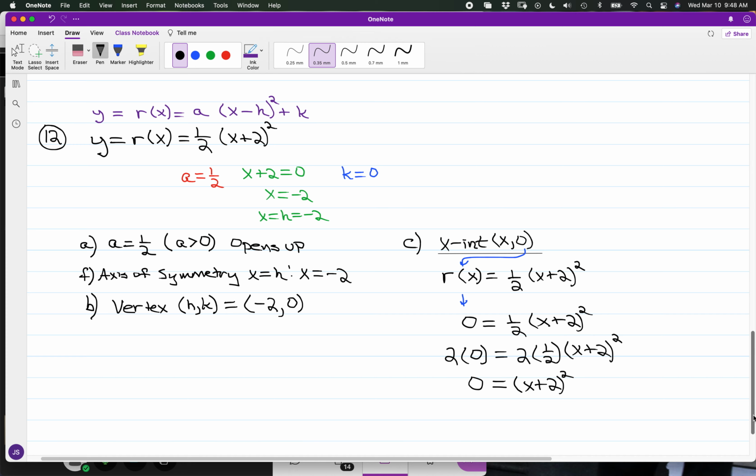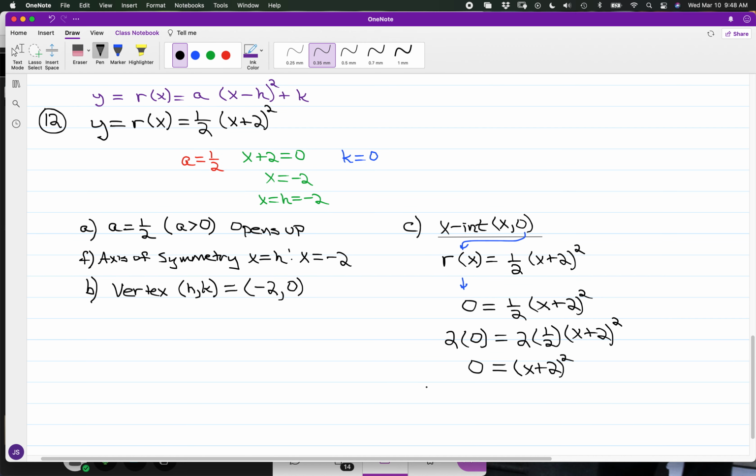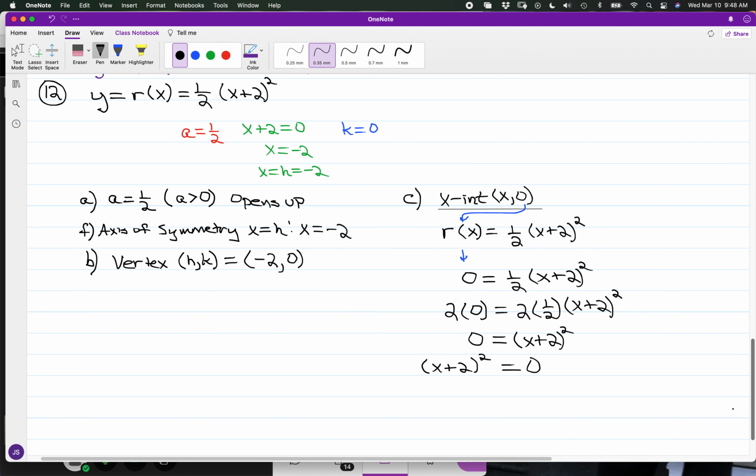All right, and I can just switch the order once again. Let's have the square of x plus 2 is equal to 0, and just re-entering the phase of utilizing the square root property of equality. So if we go from square to first order in x plus 2, and guess what, the square root of 0 is just plain 0. So plus 0 and minus 0 are going to be the same.